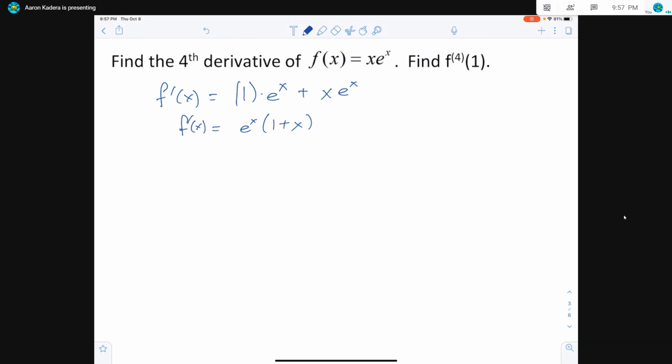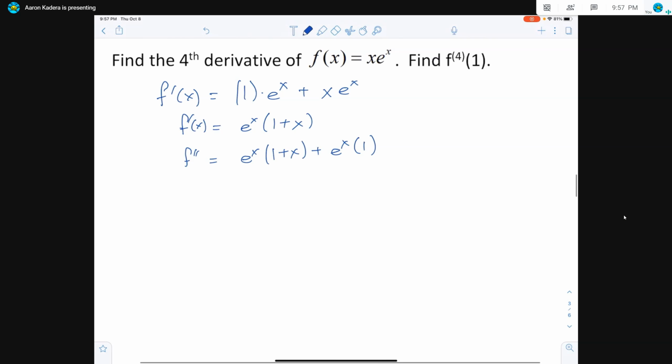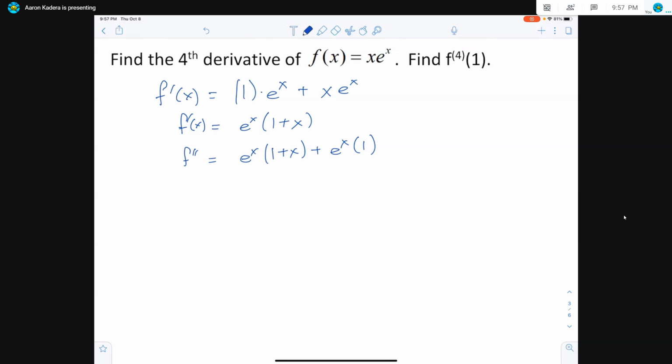And then to do f double prime, we could just keep on applying the product rule. So in this case, I'm going to take the derivative of the first thing, which is now e to the x, the way I've written it, times the second thing unchanged, plus leave the first thing unchanged and then take the derivative of the second thing. So that means that we've got another thing where, well, let's see, there's an e on everything, right?